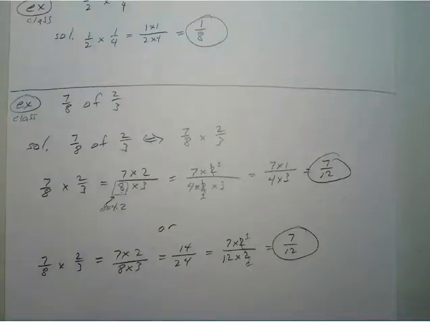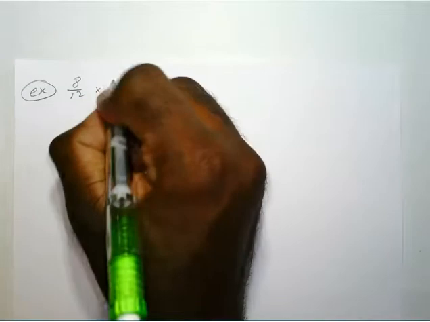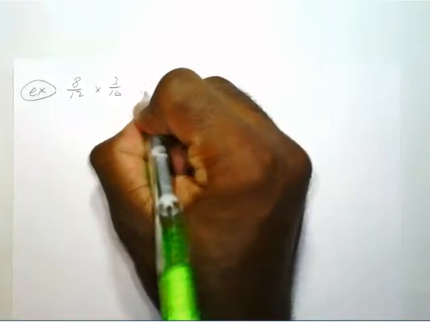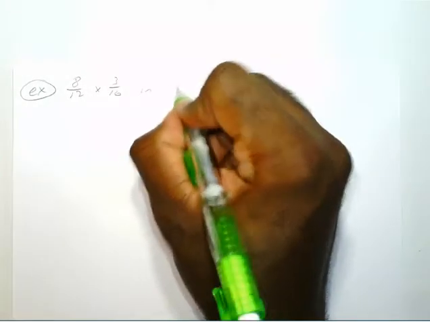If you are still writing, feel free to press pause, but we're going to move on to a few more examples. What if we have 8 over 12 times 3 over 16 in the simplest form?